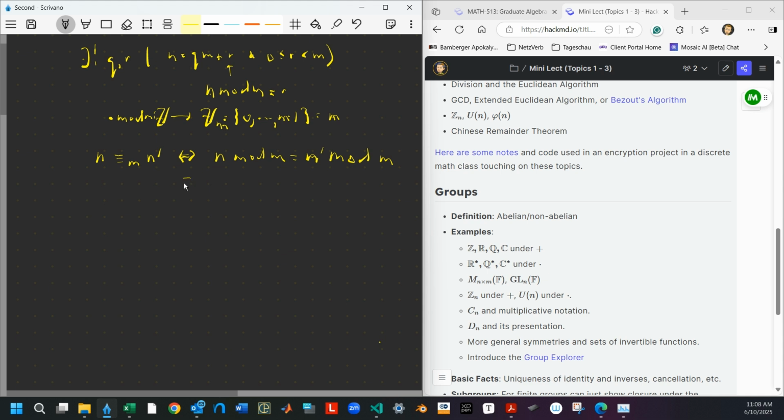And a little thought shows that that's equivalent to saying that m divides n minus n prime. And of course, that's equivalent to saying m divides n prime minus n. The order doesn't matter there.